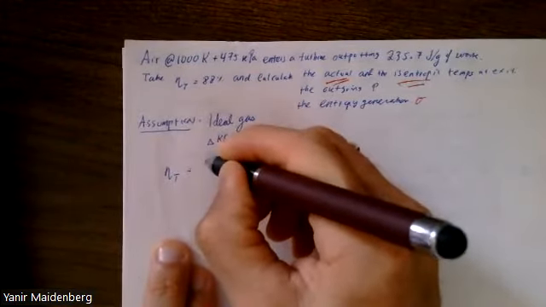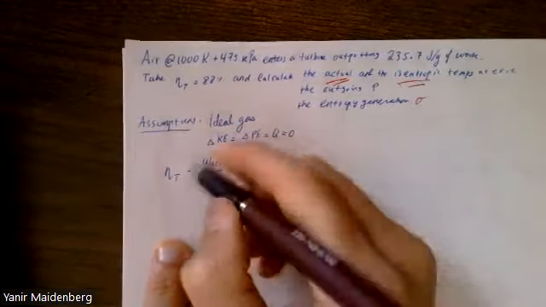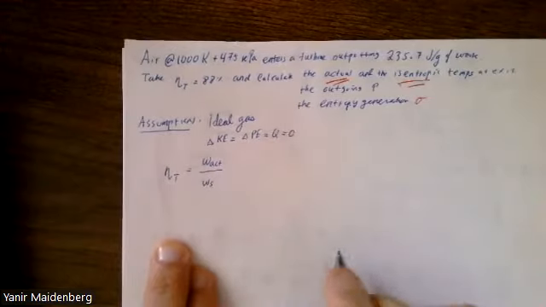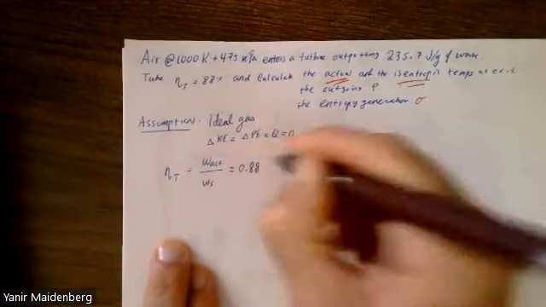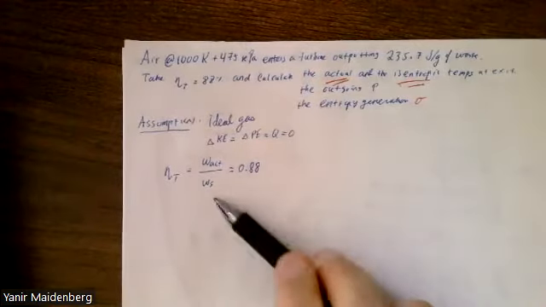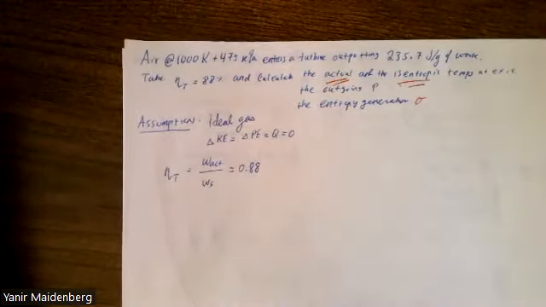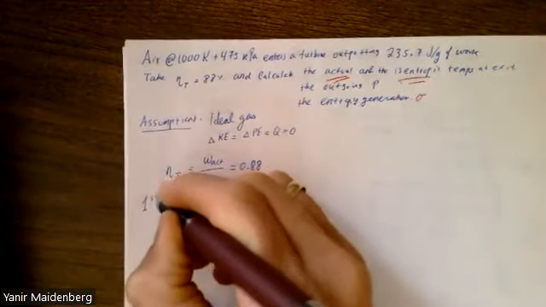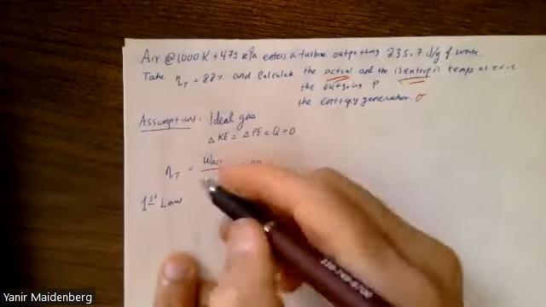So the actual work is divided by the isentropic work, and this is equal to 88%, so 0.88. So I have a ratio. If I can get this idealized amount of work multiplied by 0.88, I will be able to get my actual work.